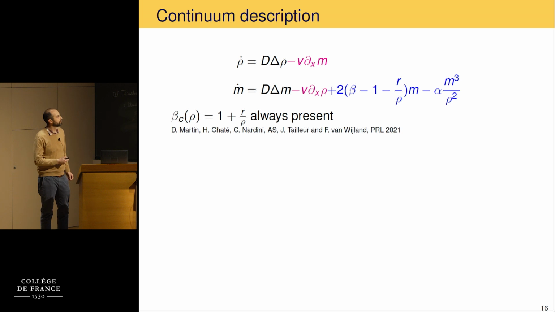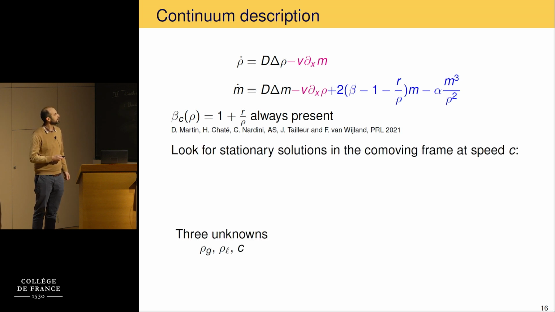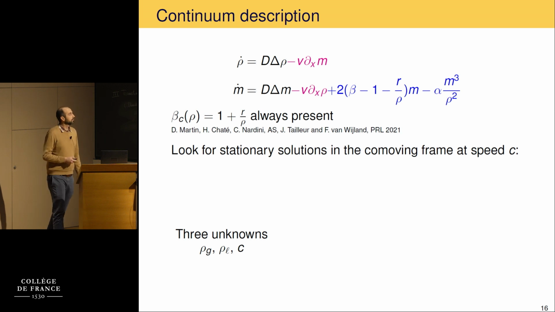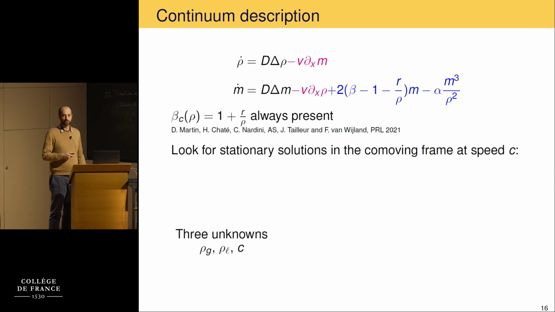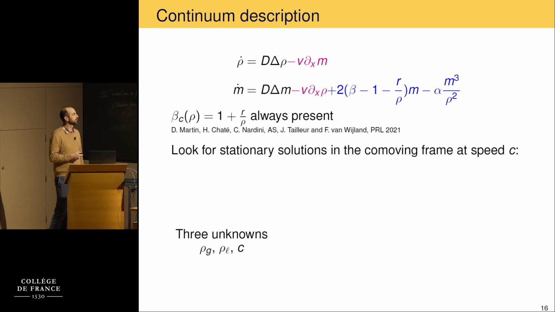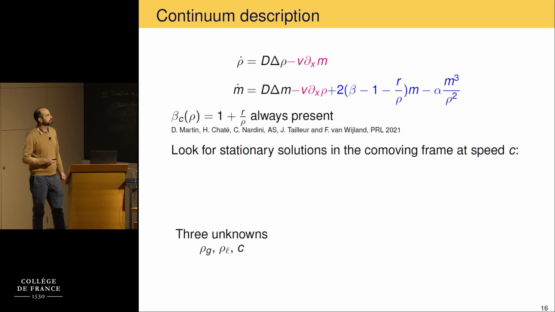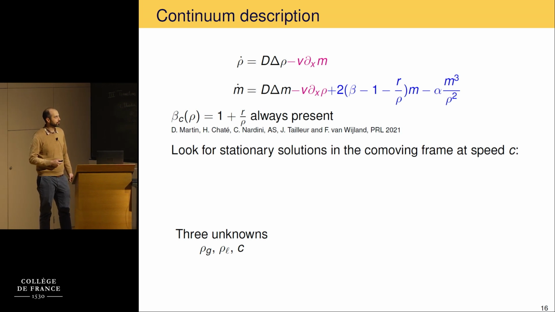The only thing a bit unusual is this term here, R over rho. It means that the ordering temperature depends on density. And that's something that, even if you don't put it in your equation, we've shown that it's always generated by the noise, quite generally. Then we need to look for phase-separated solutions. But now, as I've told you, the liquid is moving. So we need to switch to the co-moving frame at a speed c.